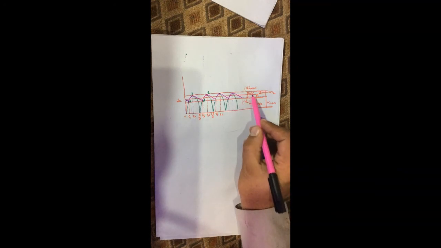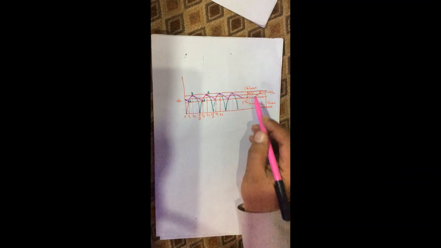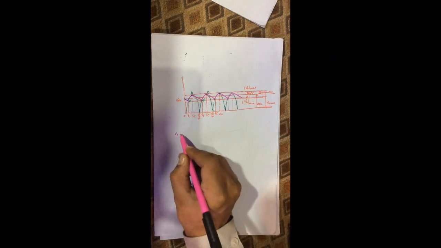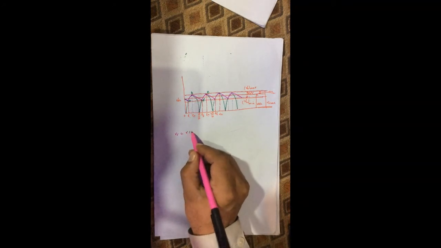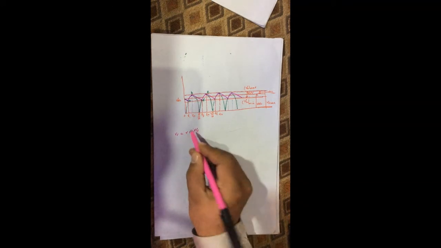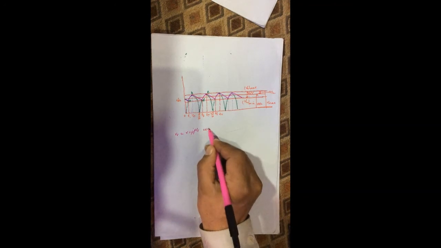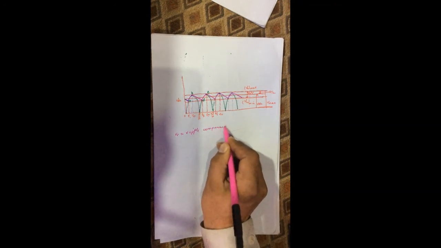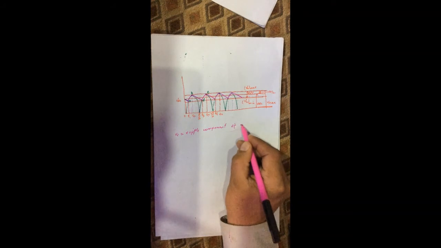So VR is the ripple component of the output voltage.